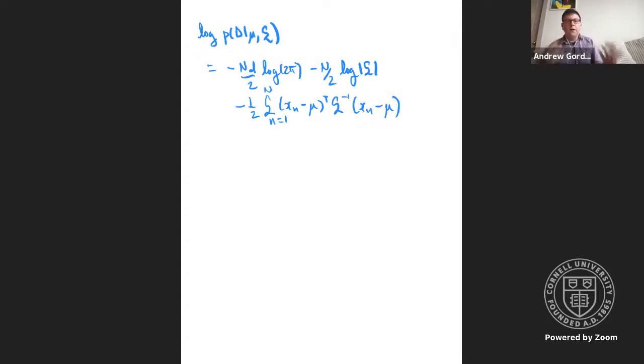Okay, so all I've done is written down the log density for this multivariate Gaussian distribution when we've created our likelihood for our endpoints. So if you're taking a while to parse this, it's really very simple.